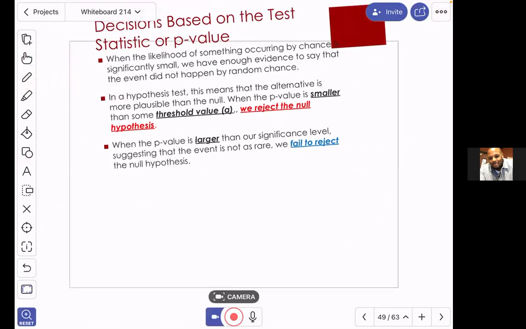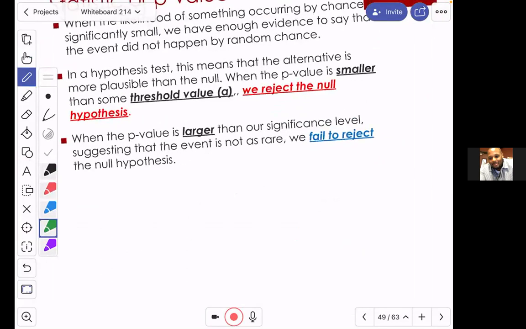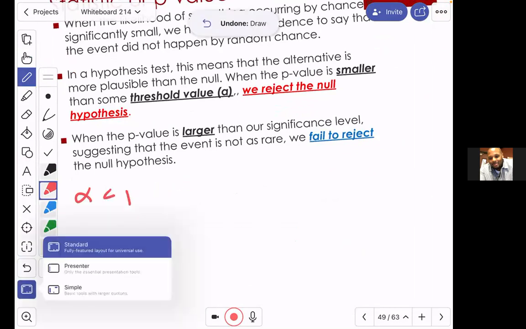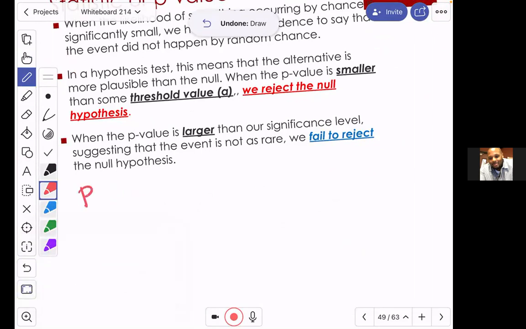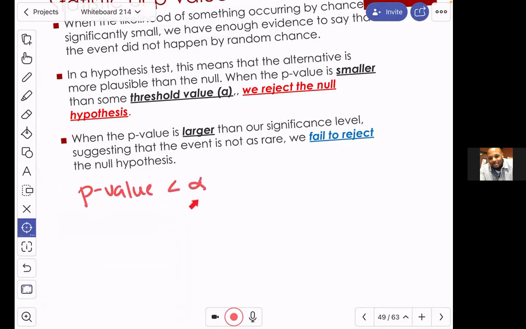If your p-value is less than your alpha value, the threshold.